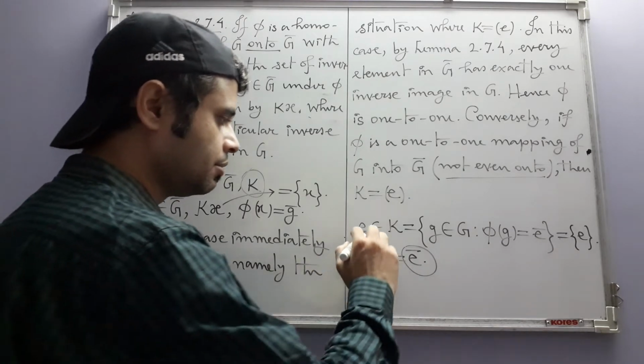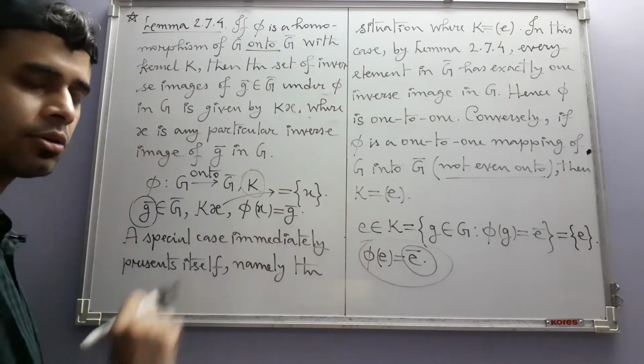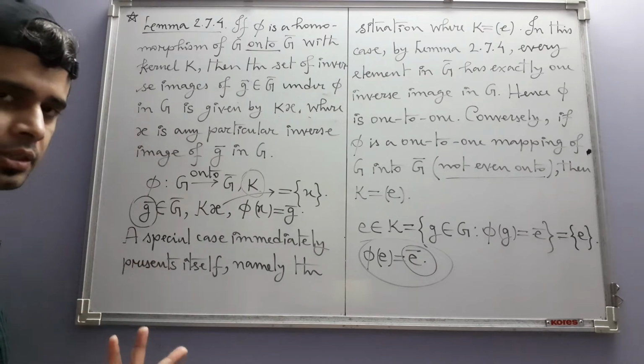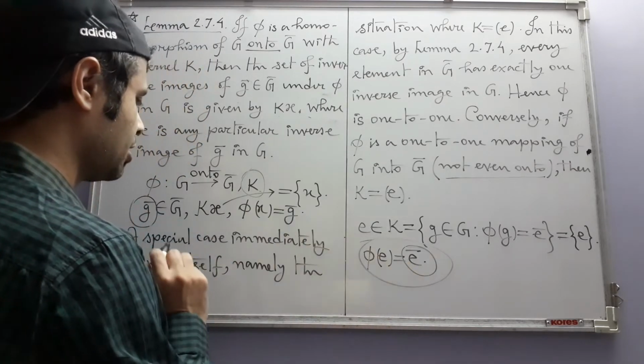So that's why we don't need any onto-ness in the converse part, since we are talking about E bar and its inverse images, which has at least one inverse image.